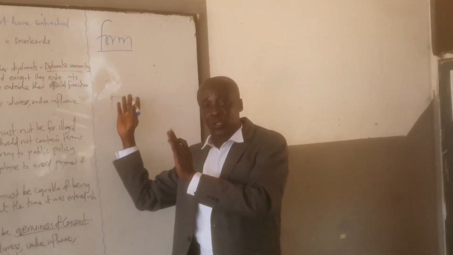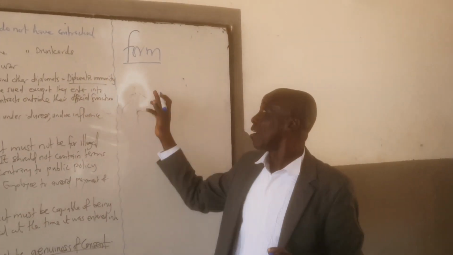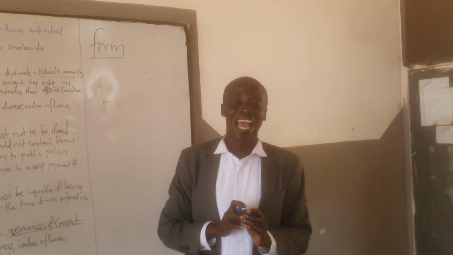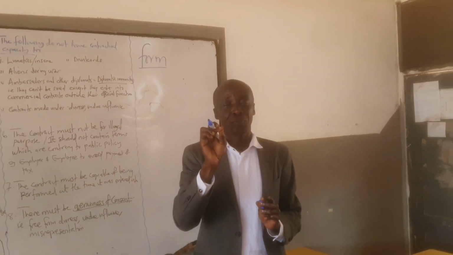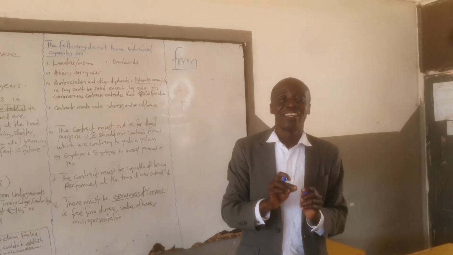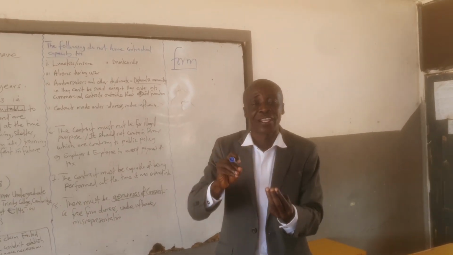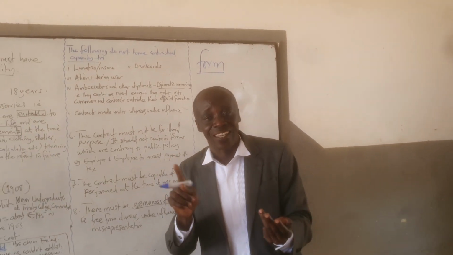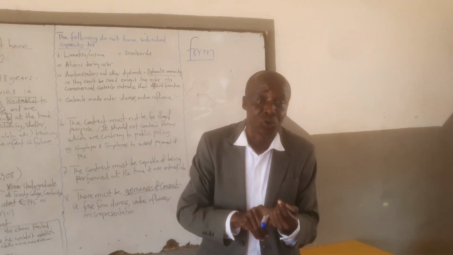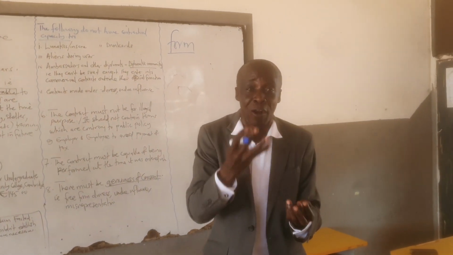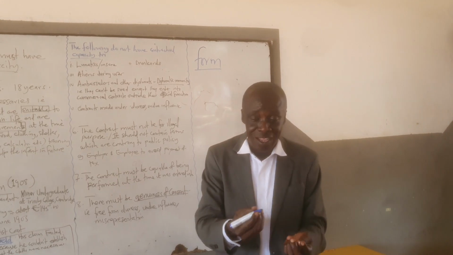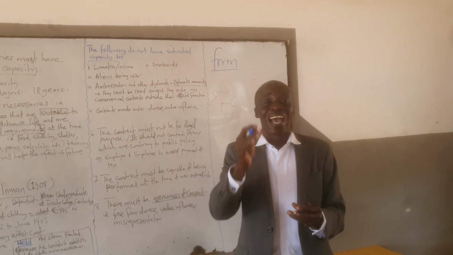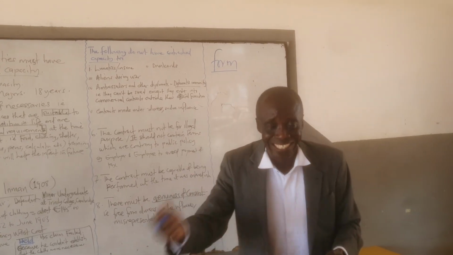Remember, yesterday when we were talking about the types of contract and a simple contract, I said that a simple contract can take the form of either written, or oral. So you can make an oral contract and you can make contracts that are written. Then we also said that it can be implied.